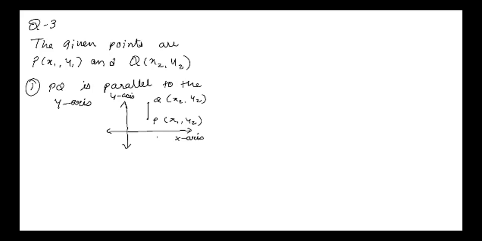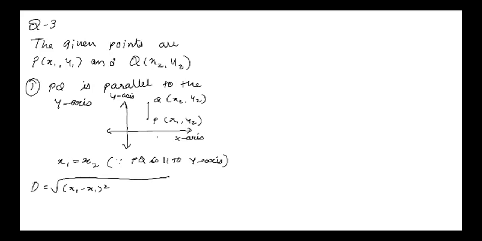So here I can say that x2 will be equal to x1 because PQ is parallel to the y-axis. Therefore, if I apply the distance formula between P and Q, it is square root of (x1 minus x2) whole square plus (y1 minus y2) whole square.